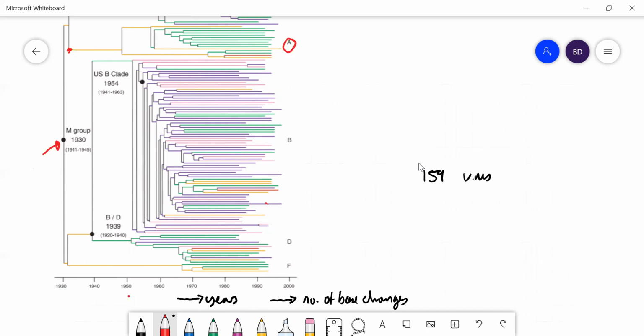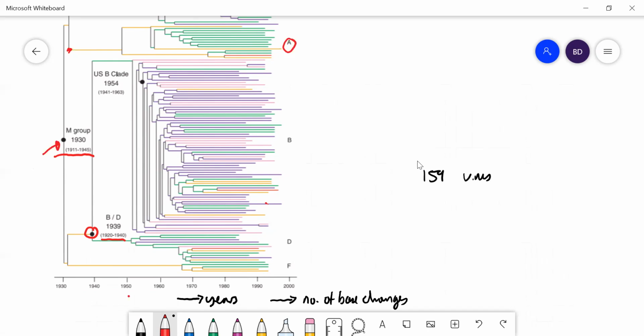You can see that the original date was somewhere between 1911 and 1945, and the computer model predicts the most likely date was about 1930. Likewise here, they think that the B split from the D somewhere between 1920 and 1940, with 1939 the best guess, and so forth.